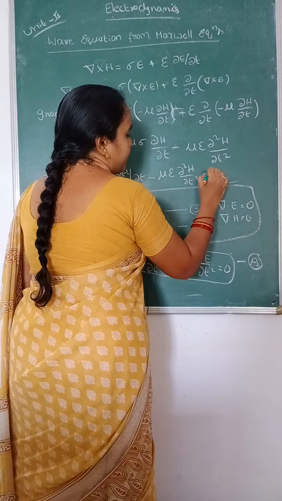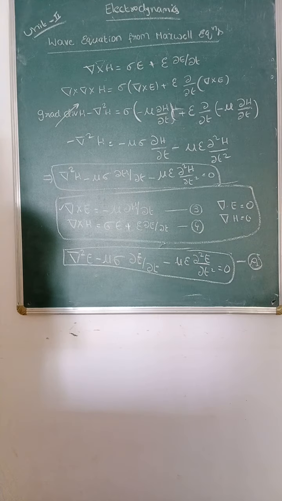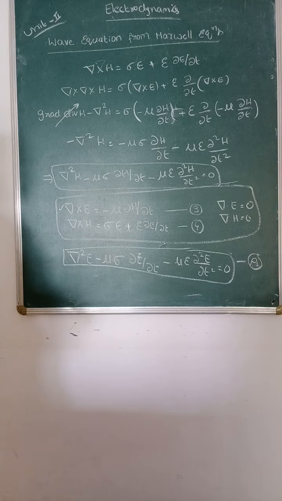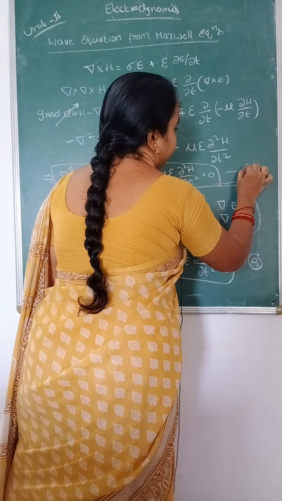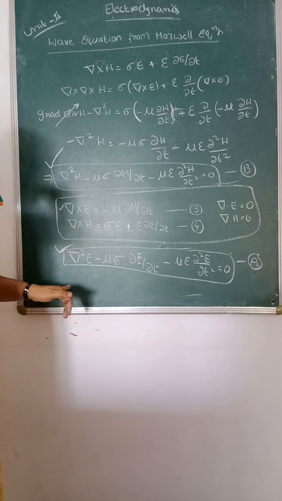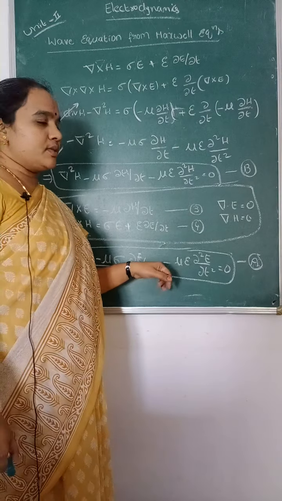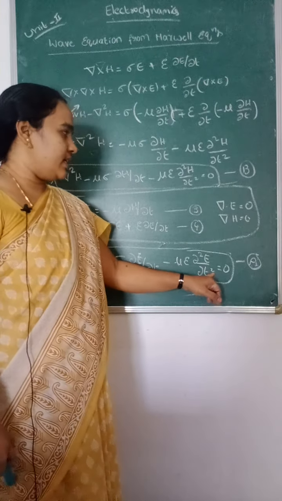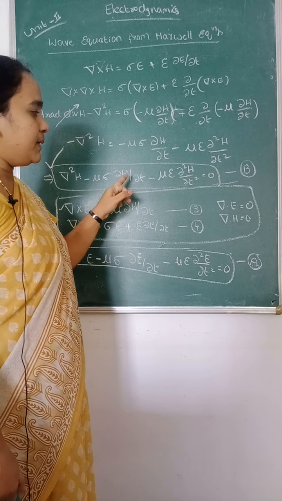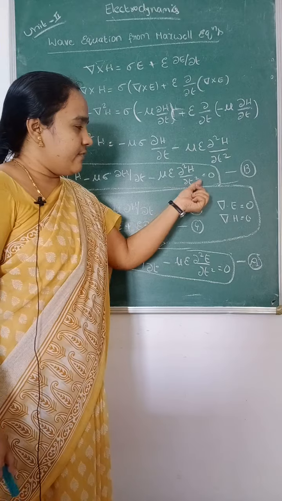So this is the other wave equation, in terms of magnetic field vector H. Let it be equation number B. These two equations are del square E minus mu sigma dou E by dou T minus mu epsilon dou square E by dou T square is equal to 0, and del square H minus mu sigma dou H by dou T minus mu epsilon dou square H by dou T square is equal to 0.